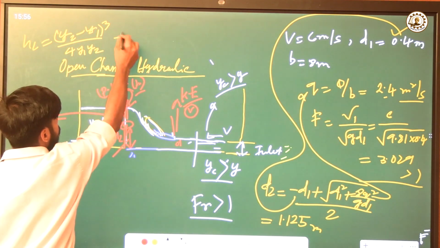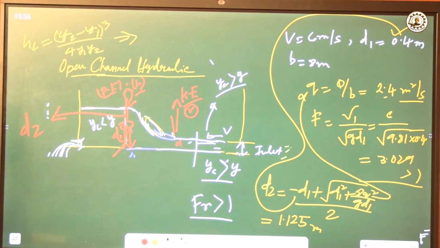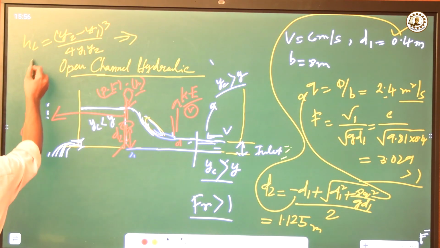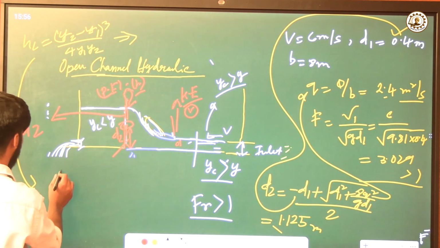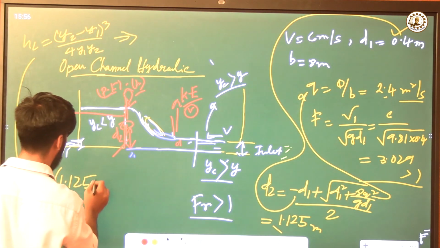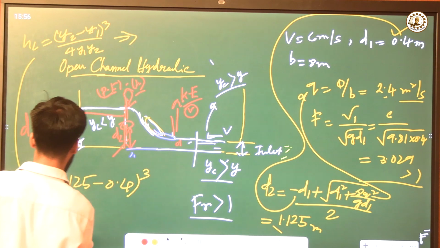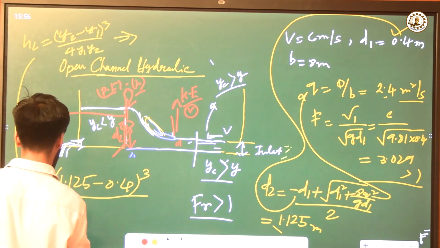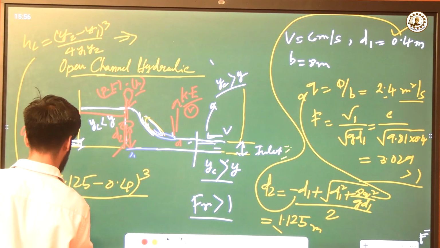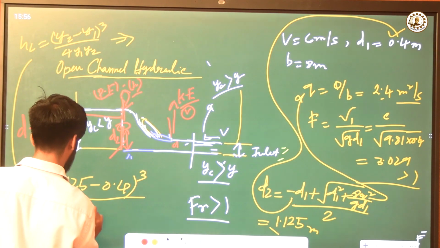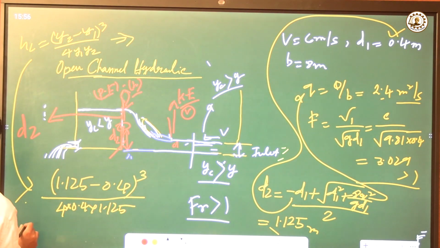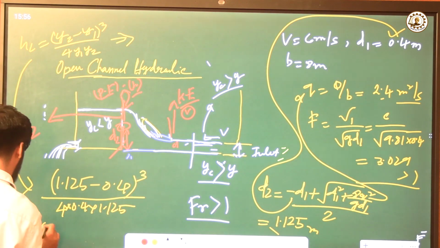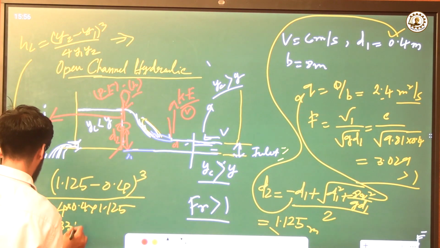This is also the energy loss per unit weight of water, and it is measured in meters. So we can have D2 and D1, then put 1.125 minus 0.4 cubed over 4 into 0.4 into 1.125, and we get the value 0.5835.